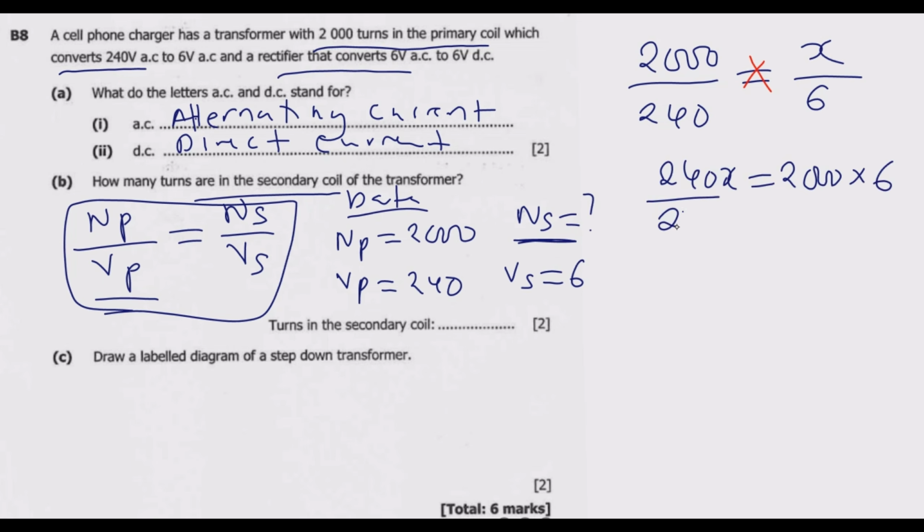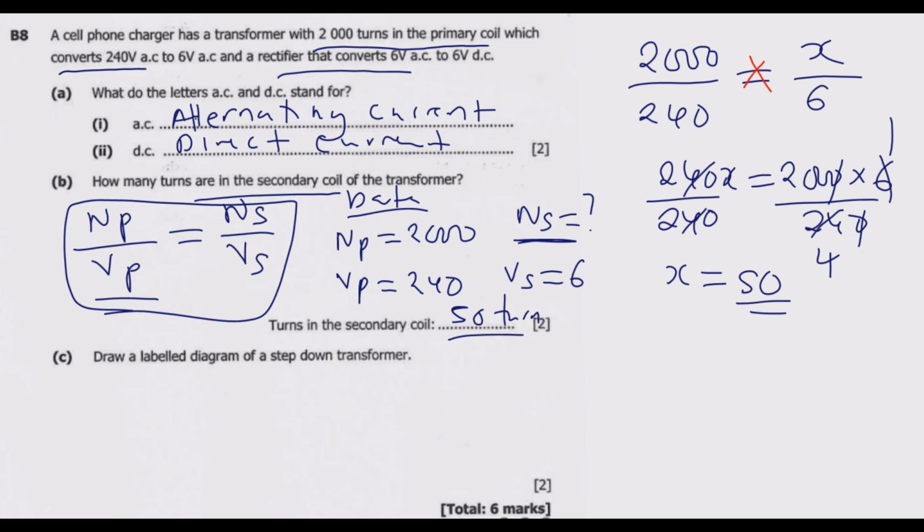We divide by 240, so X is equal to 50. So the number of turns in the secondary coil is 50 turns. So there are 50 turns in the secondary coil.